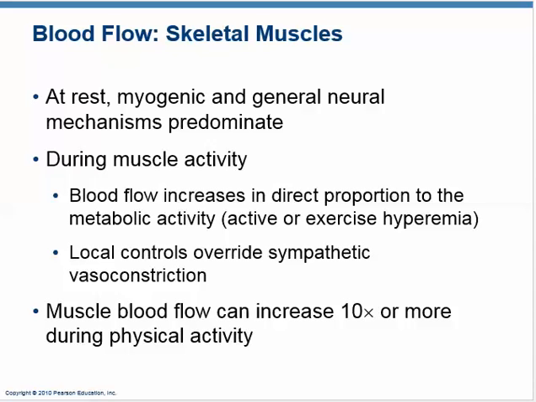When you start to use the muscles, the blood flow increases directly proportional to the metabolic activity. So the more you exercise that muscle, the more blood flow we get. And the local controls start to override, and you can get a lot more blood flow to those.